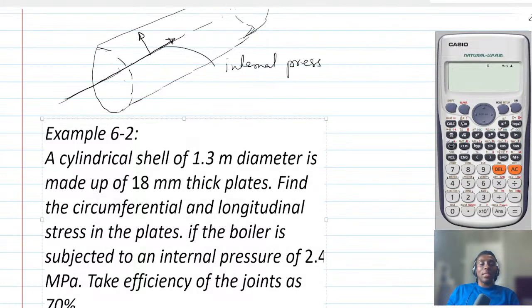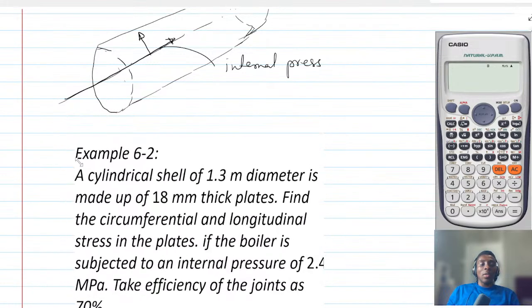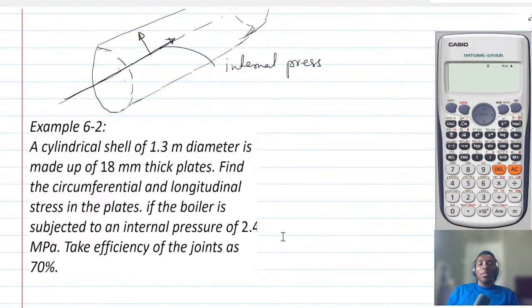Let's say you have something like this, where you have been given a cross section, a cylindrical shell, and this cylindrical shell is of 1.3 meter diameter, and the thickness is 18 millimeters.